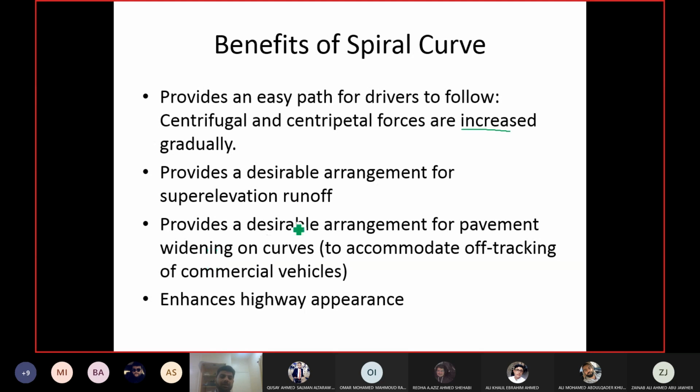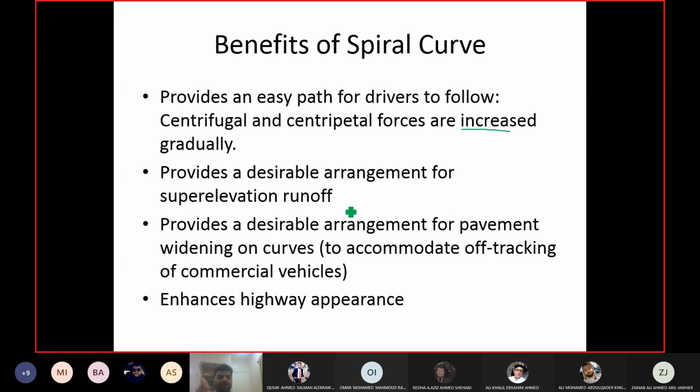The second benefit is that it provides the space required to achieve super elevation runoff. Without the spiral curve, some part of the runoff will be on the curve. Ideally the full runoff should be before the start of the horizontal curve, the circular curve.